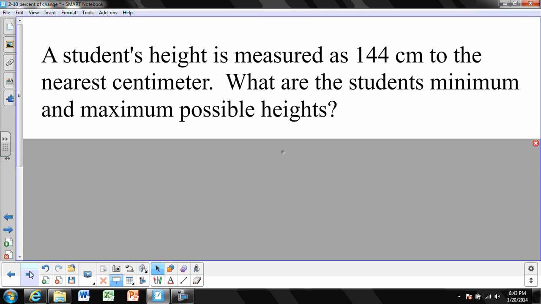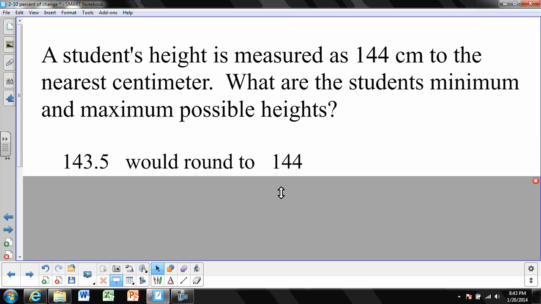One other thing you have to keep in mind is the difference when we round things. A student's height is measured as 144 centimeters to the nearest centimeter. What is the student's minimum and maximum possible heights? Okay, in this case, the smallest possible height that could round to 144 centimeters would be 143 1/2 centimeters.